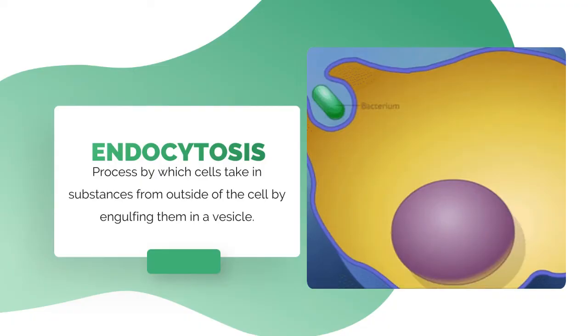It is a process by which cells take in substances from the outside of a cell by engulfing them in a vesicle. Just for example, on this illustration, we have a bacterium that was engulfed by the cell. Kapag in-engulf po yan, mababalot po yung bacteria sa tinatawag nating vesicle, papasok po yun sa loob ng cell. Example po yan ng endocytosis.